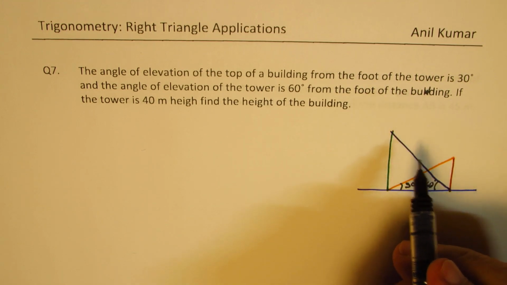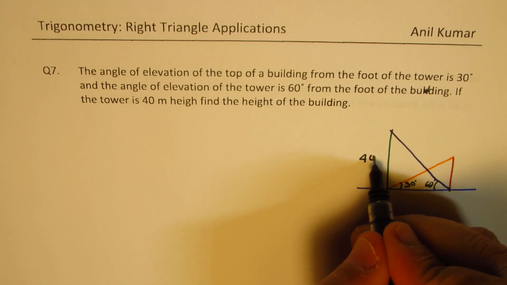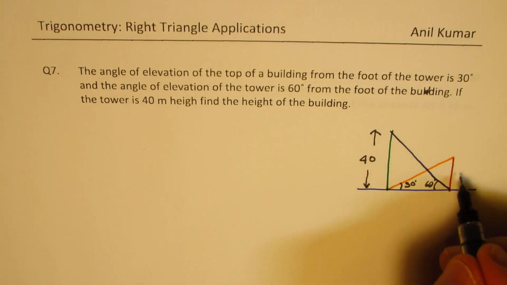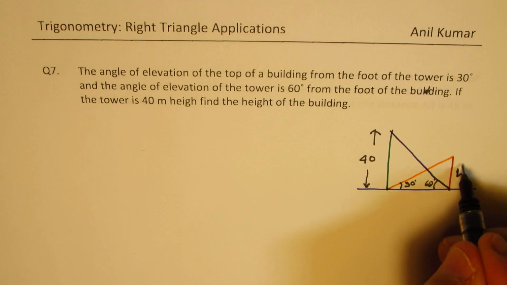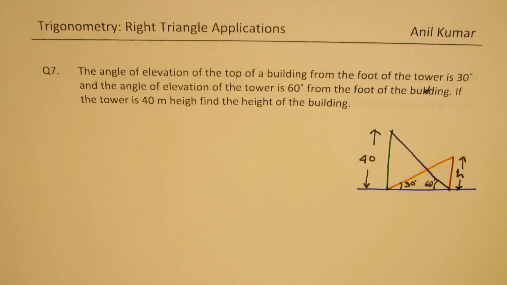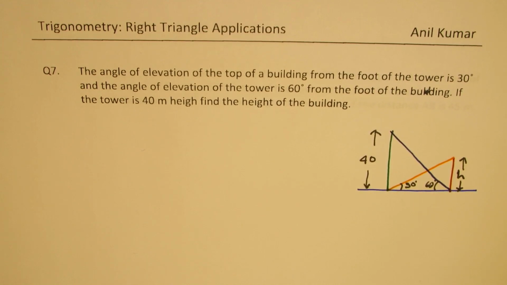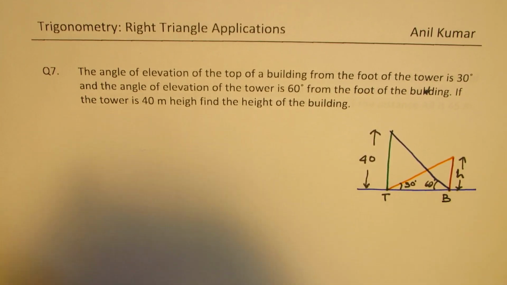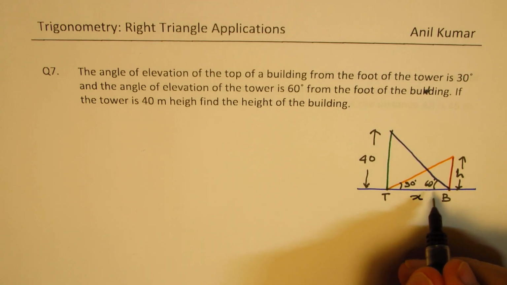If the tower is 40 meters, so this is 40 meters, find the height of the building, let's say h. So that is the question for you, right? Now, let's say this is t and this is b. So let's say the distance t to b is x.